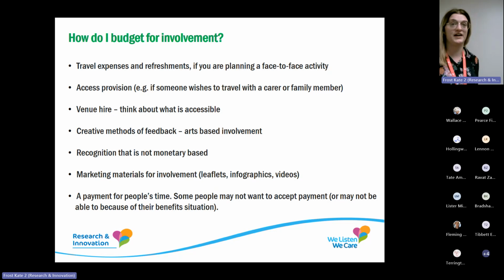So they do offer and they advocate for offering people individual payment for their involvement, and there is a tariff based on if you attended a meeting that's 1 hour or 2 hours, you'll get a certain amount of payment. NHS England are the second policy providers and guidance providers for this, and they have a different payment policy.